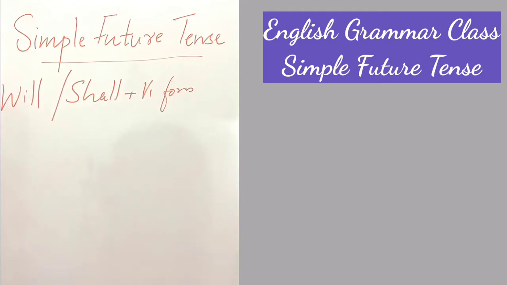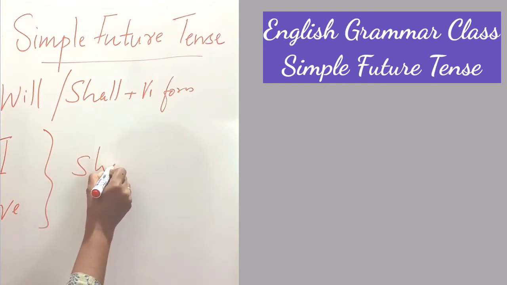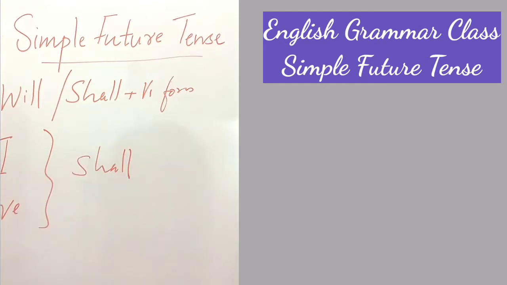With the subjects I and we, we usually use shall. But in certain cases, we use will with I and we.